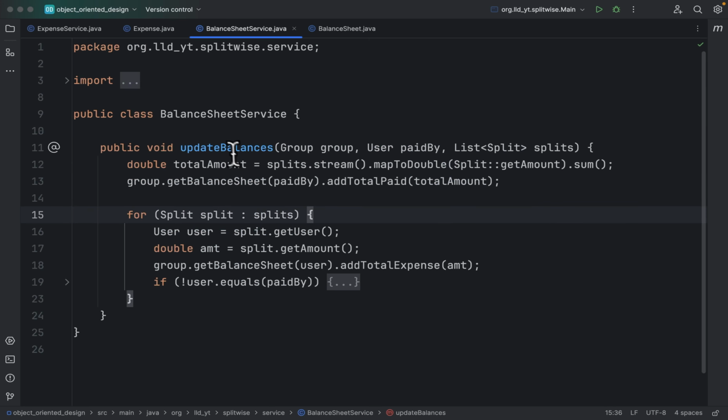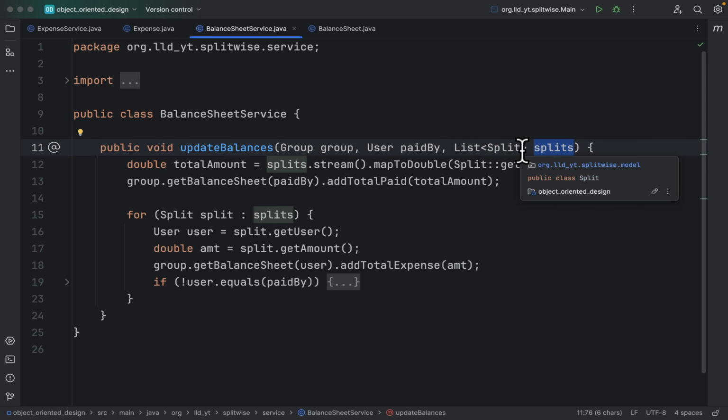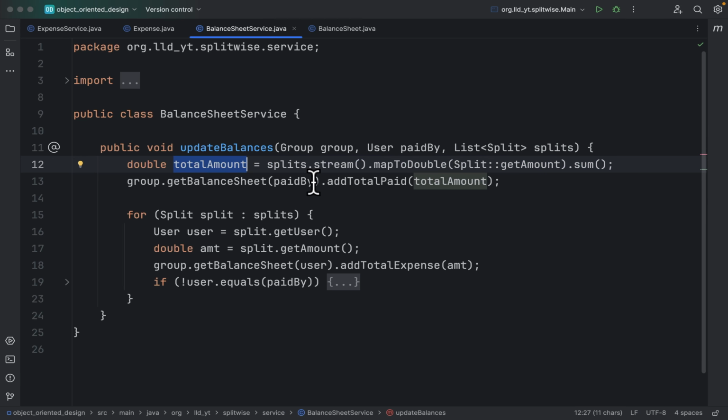What I'm doing over here is incrementing the total amount paid by this user. For that, I am adding all the amounts which are present in this list of splits. In this split, all the users would be there with their share of the total amount. So I am adding all the shares, and this is the amount which would be added into the balance sheet of this user, right?